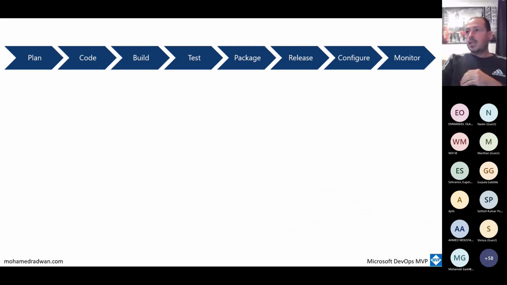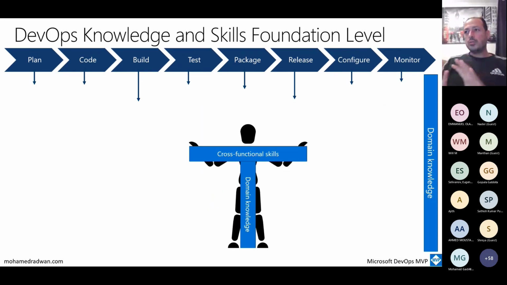So again, the main idea of having the roadmap is all about how you can learn all these disciplines, not with a huge depth, but with enough depth to start your career, so you can start your career.